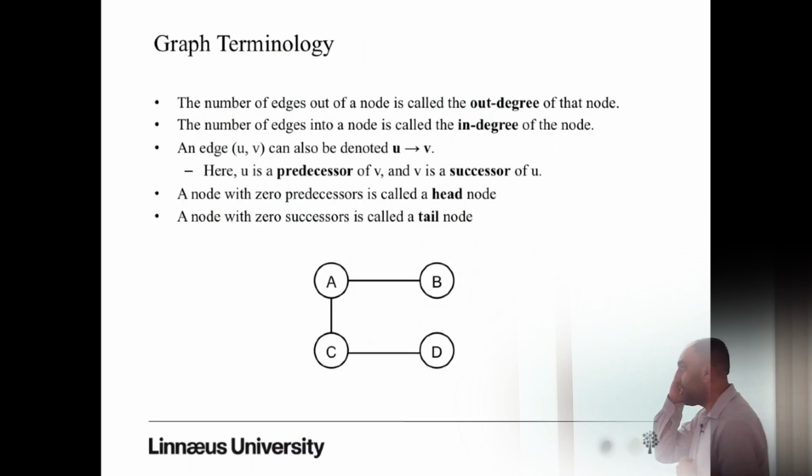Continuing with the terminology, we also have in degree and out degree of the nodes. Simply, in degree is the number of incoming edges to a node.